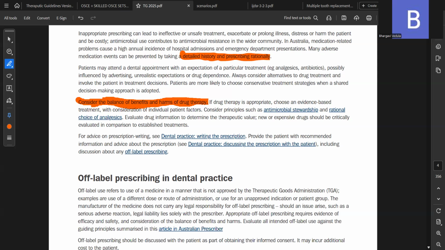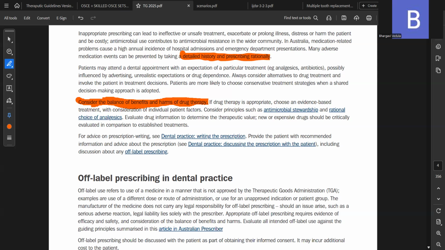Now let's see what is off-label prescribing in dental practice. Off-label use refers to use of a medicine in a manner that is not approved by the Therapeutic Goods Administration. Even in India, we have the approval of the agency. We need approval of the authoritative authority. Without that, some drugs can be sold in the market.